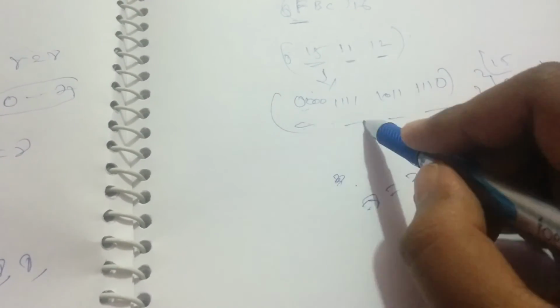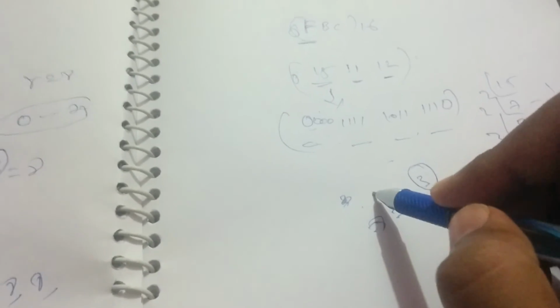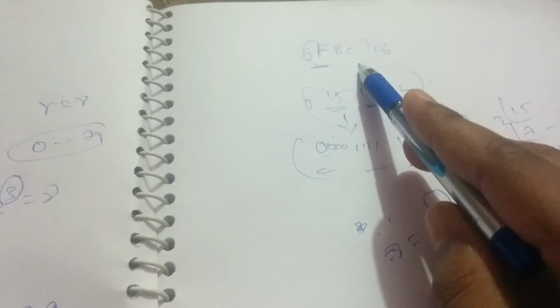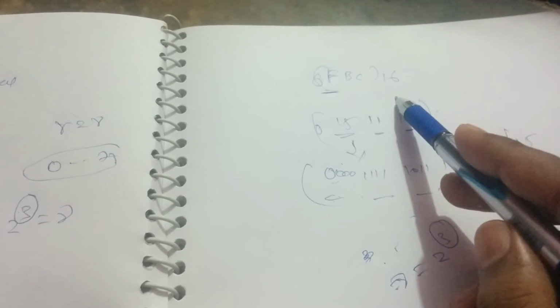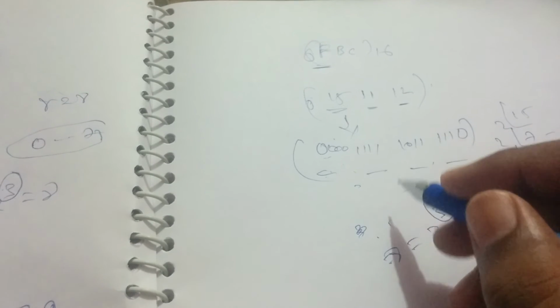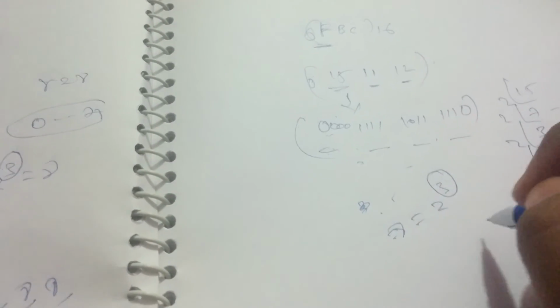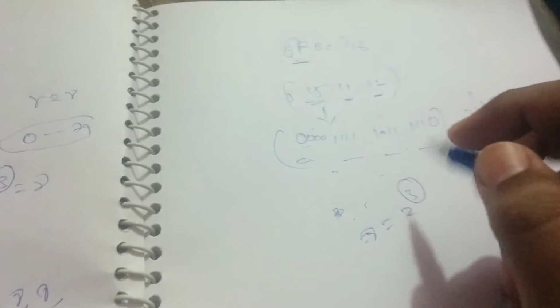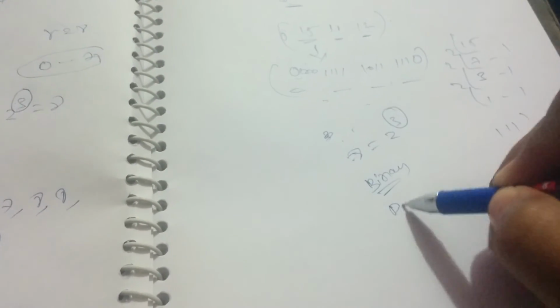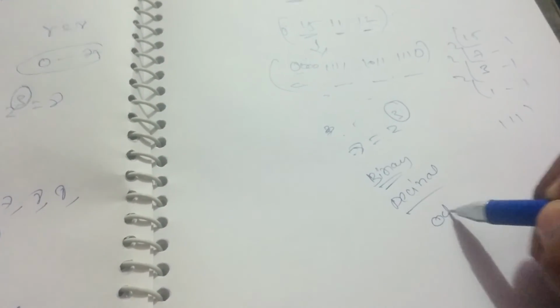When it is in some other number system, you somehow convert it into binary, and from binary you take 3 digits and convert it into decimal, and you can convert it into octal as well, using this process. And you just remember this thing.